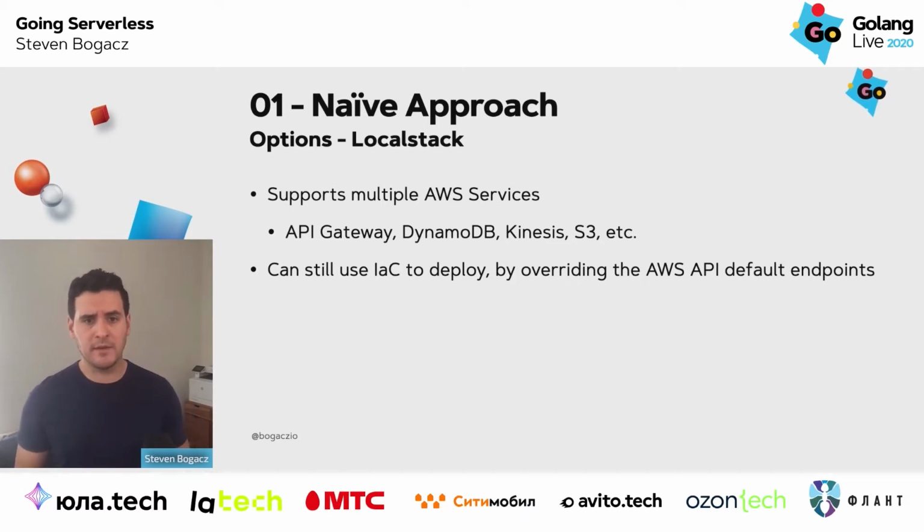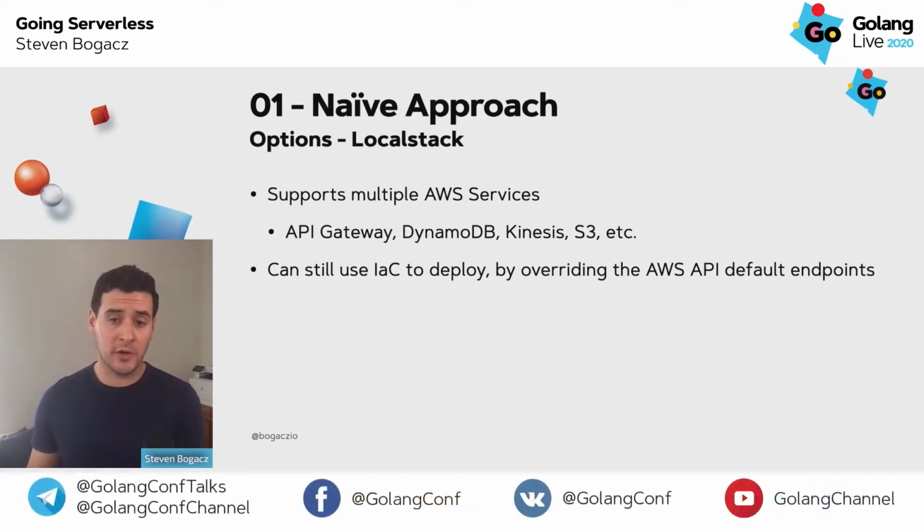I believe they have Kinesis as well. One of the upsides is that theoretically, you can still use your infrastructure as code tools to deploy it. You're just going to have a different config that will override the different AWS API endpoints to point to your locally running LocalStack.